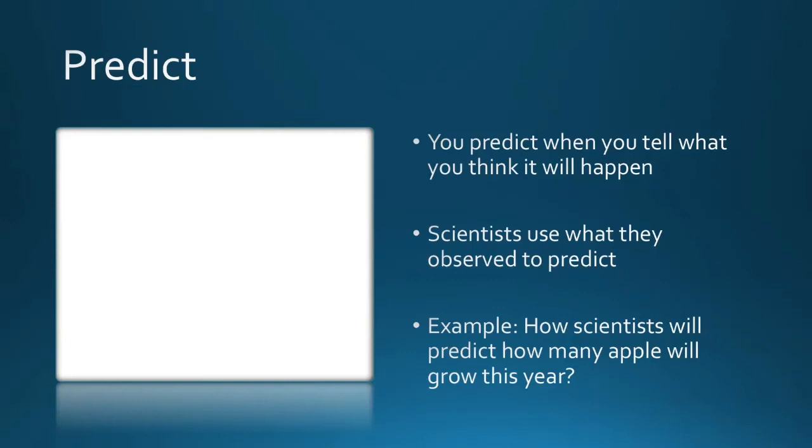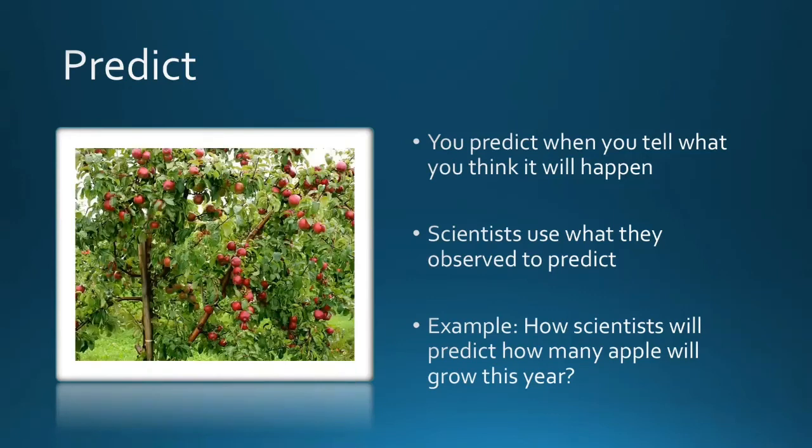Also, they put these plants under the sun, right? If they do it like this, they can observe that the plant will grow well. So they can predict how many apples will grow this year, right?